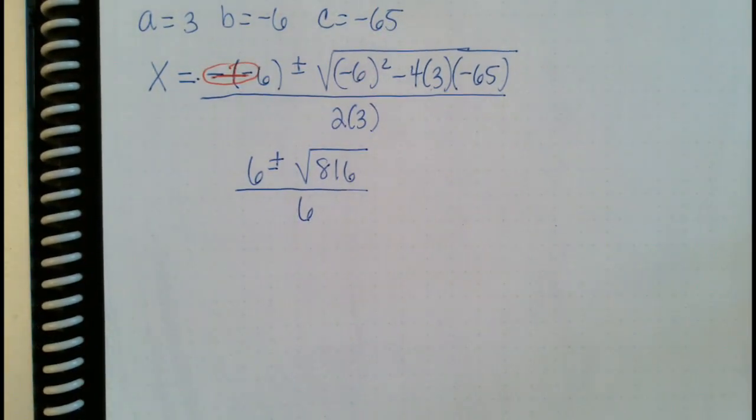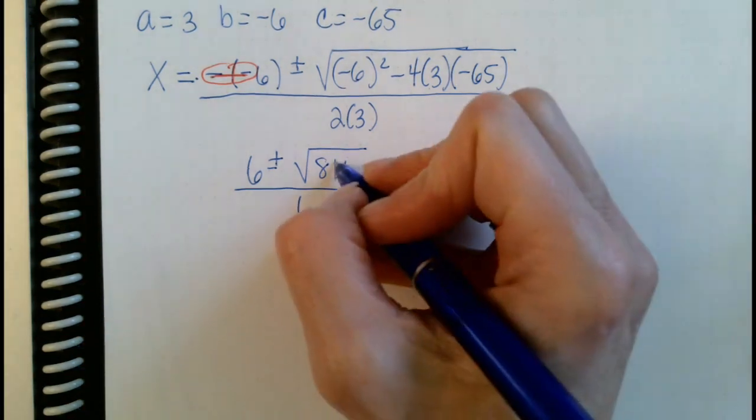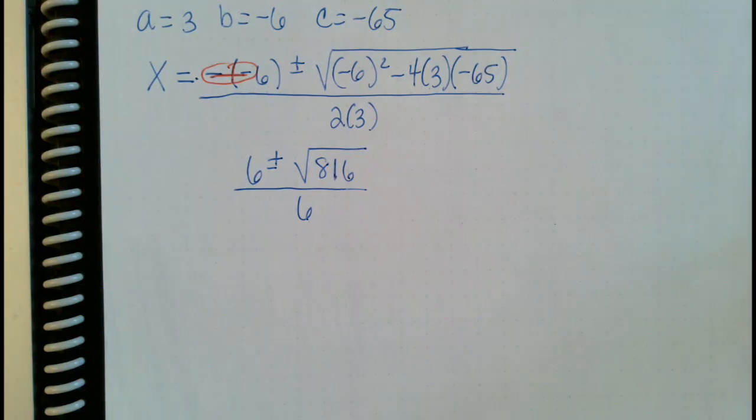Now, if it were up to me in Algebra 1, I would leave the answer like this. But the thing is, we can simplify 816. Now, I think if you use Desmos or a calculator, you can find the answer on Desmos and on Edmentum.